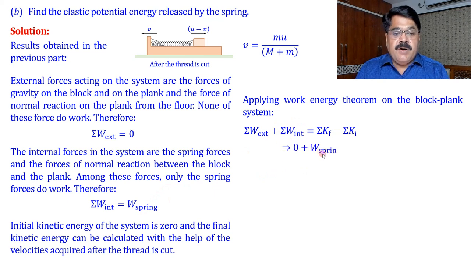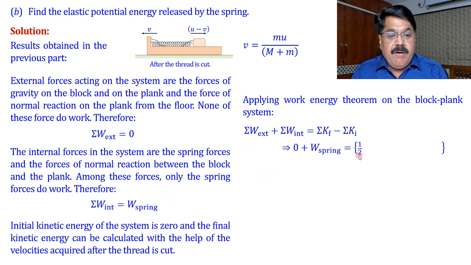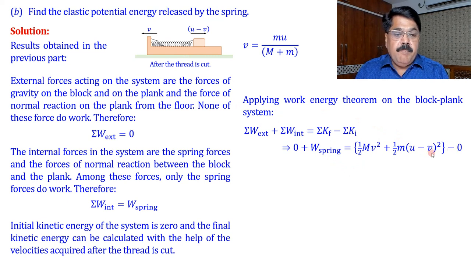0 plus work done by spring is equal to K final. What is K final? Half M v square plus half m (u minus v) square. And K initial was 0. Please take care here, because the velocity of the block with respect to ground is u minus v. Now we solve this equation; it is simple algebraic manipulation.